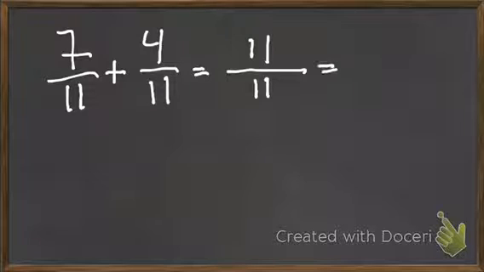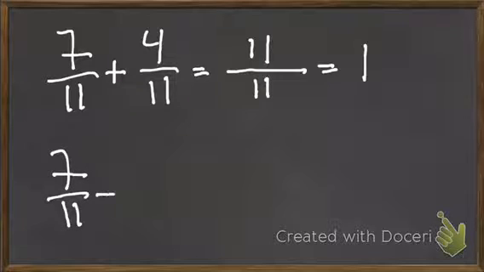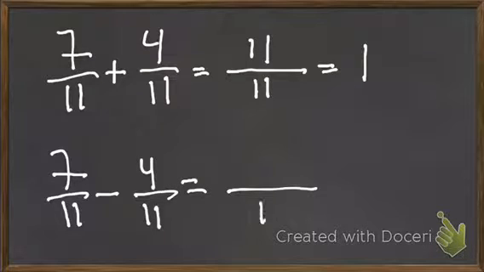Then we can simplify. Think about it. A whole number divided by a whole number is 1. So 11 divided by 11 is 1. So that was an easy one. Well, let's say we were to be subtracting 7 over 11 minus 4 over 11. Well, the denominator is the same.